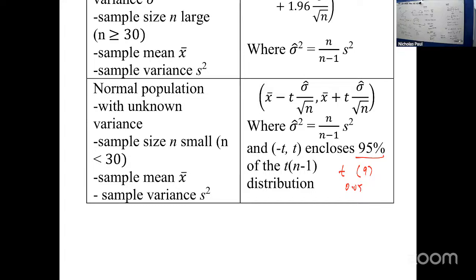How much? 1.83. Okay, let's make sure you can read the table. Make sure you get that same value from the t distribution: 1.833.